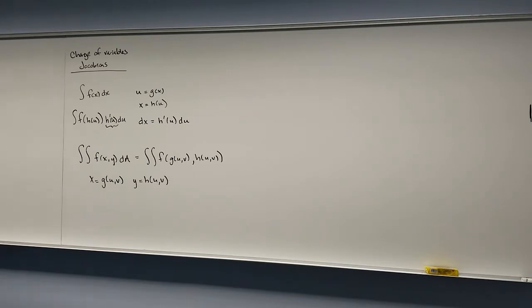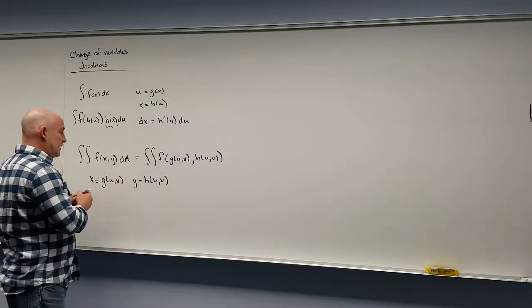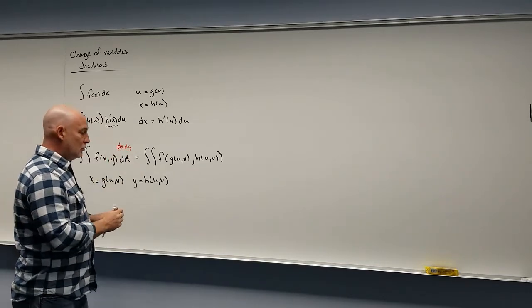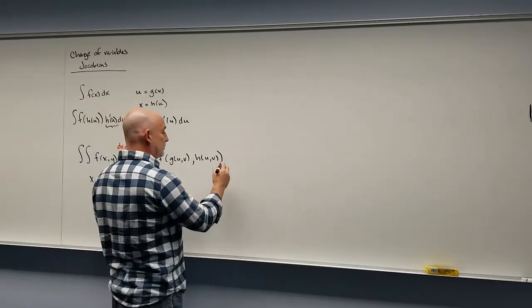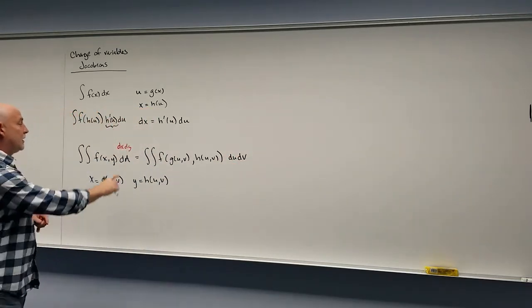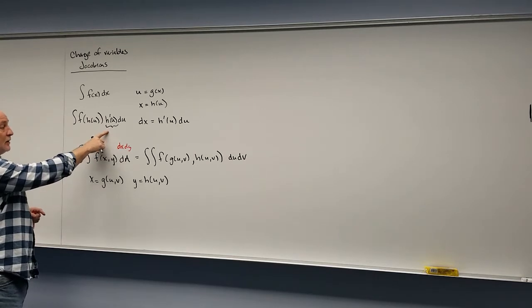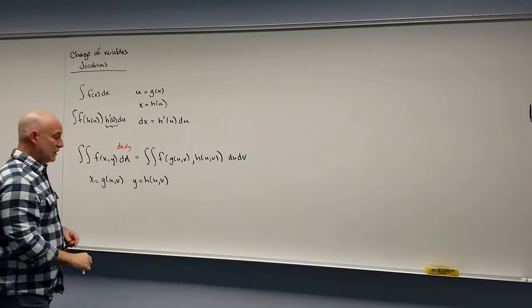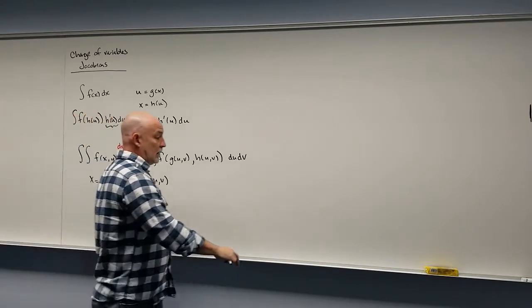This dA here, remember, is like dy dx or dx dy. I'll just go dx dy. You might assume that over here, this would just convert to du dv or dv du. But it doesn't. It's got this scaling factor. Notice here the scaling factor is based off of the derivative. Well, it's actually going to be based off the derivative here as well.